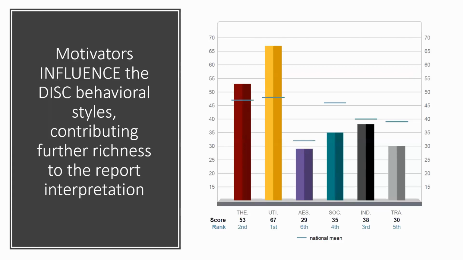So let's look at the third one over to the right. The purple one is the aesthetic. Remember, these are the folks that want to appreciate beauty and harmony and art and in life and in others, right?